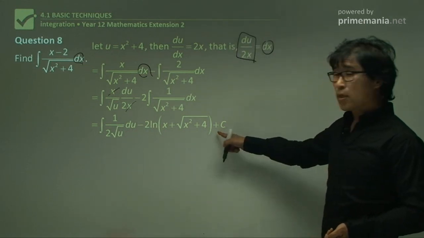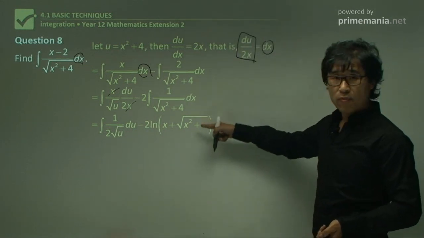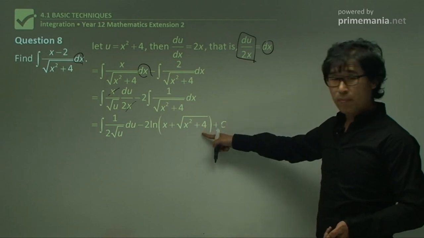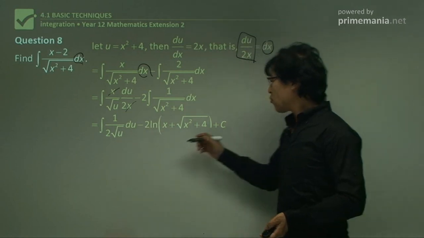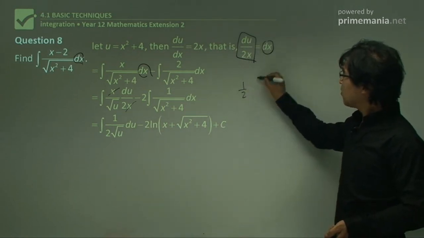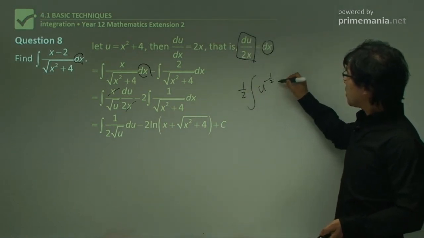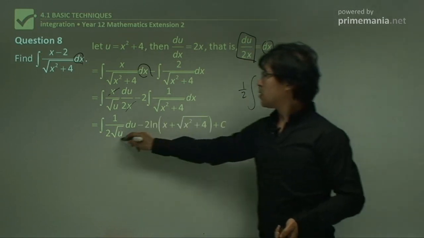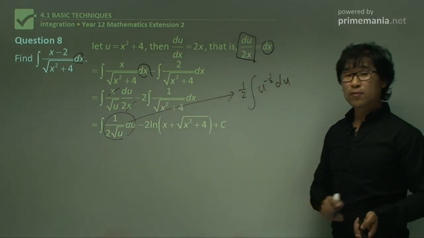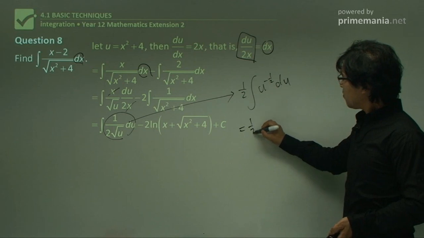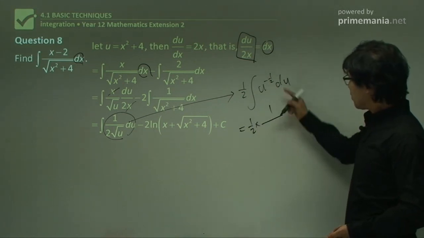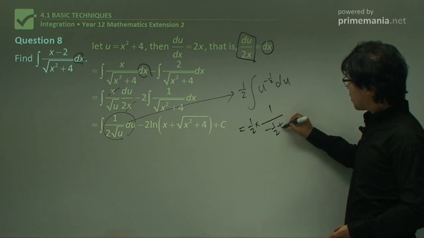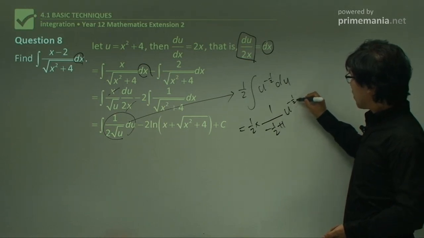And this one, this is what I was talking to you, you just follow the formula straight away. Not a big issue. Now over here, that one is half u to the minus half du. This part is changing the format, so the power is minus half plus 1, 1 over power plus 1.